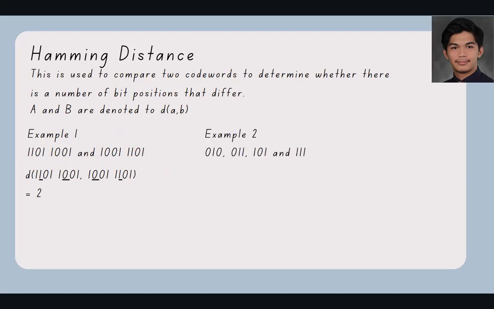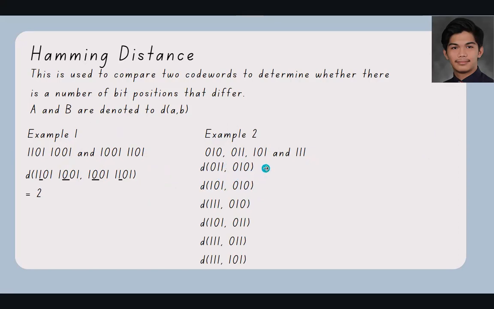But what if there are 4 code words that we need to solve? In this case, you have to check the Hamming distance between each and every code word against one another. In this case, they are denoted in this equation.